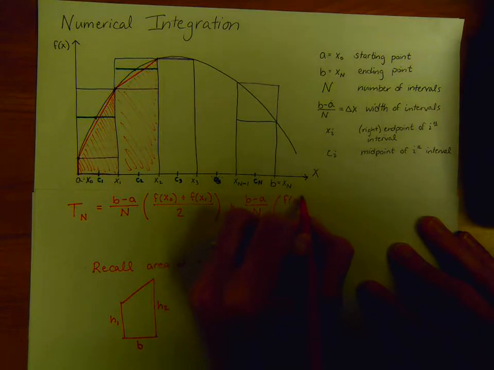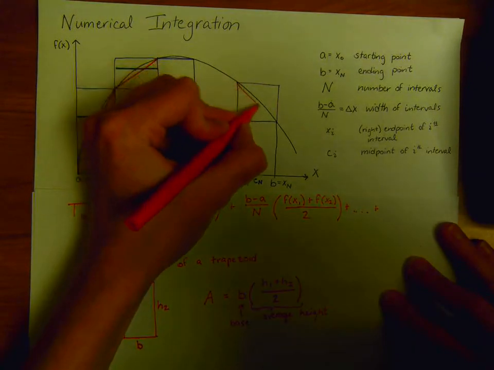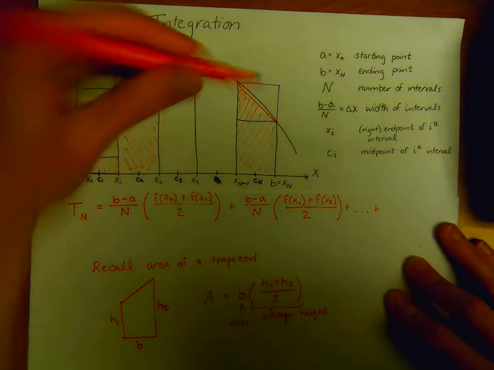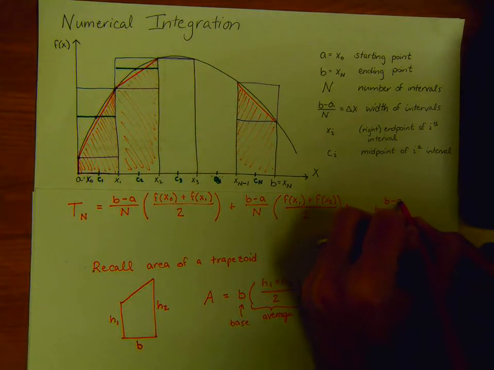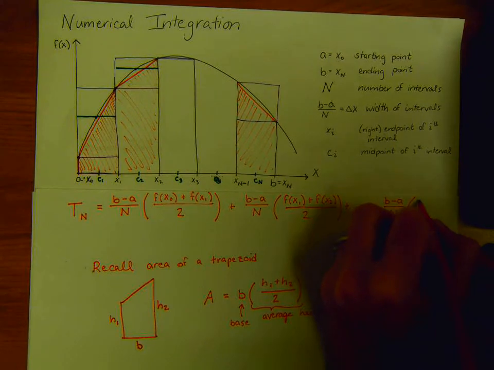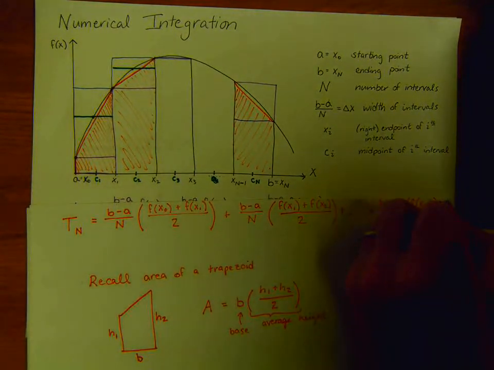And you can see that this pattern will hold all the way to the last trapezoid, and the last trapezoid's area is going to be b minus a divided by n times the average of these two heights, which is f of x sub n minus 1 plus f of x sub n, all divided by 2.